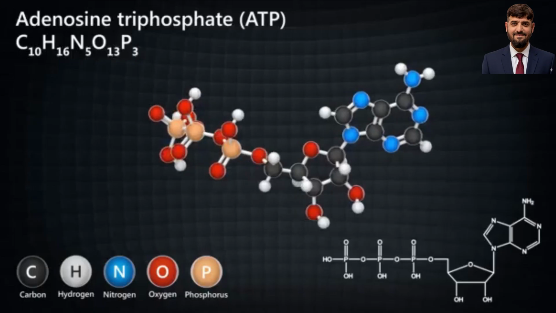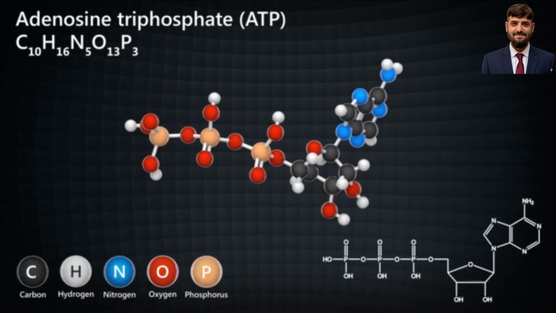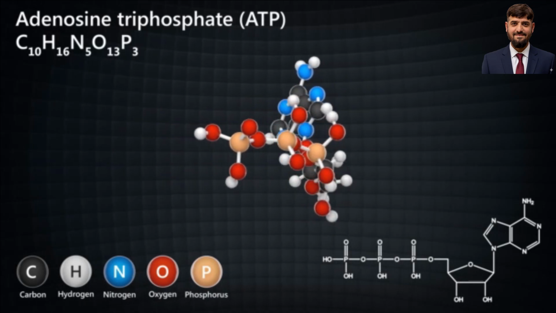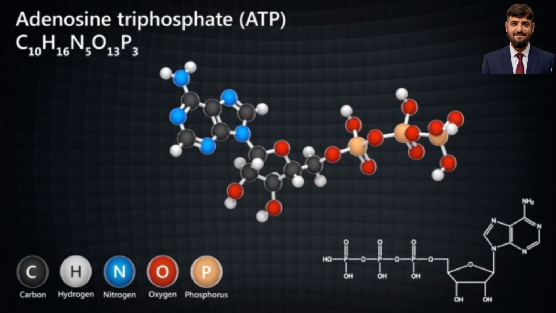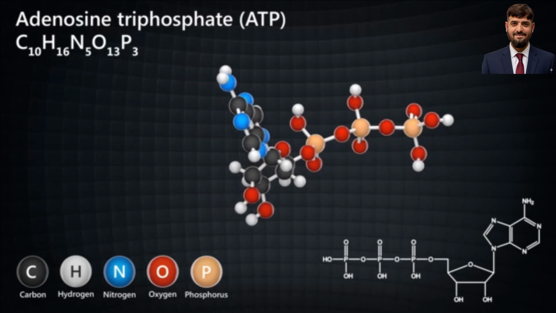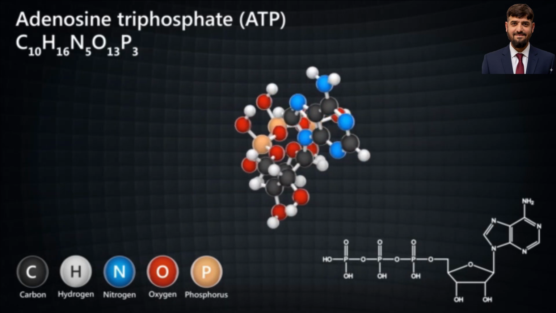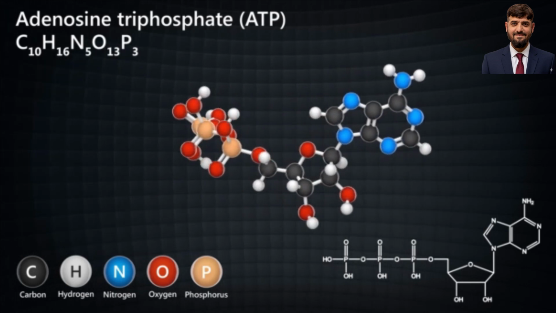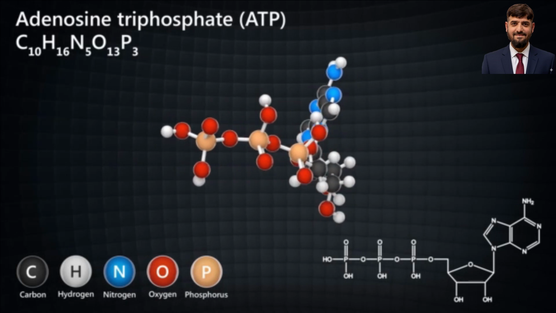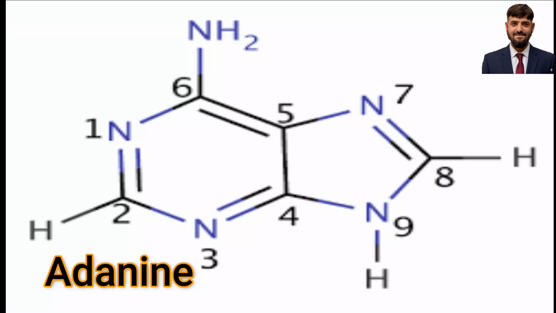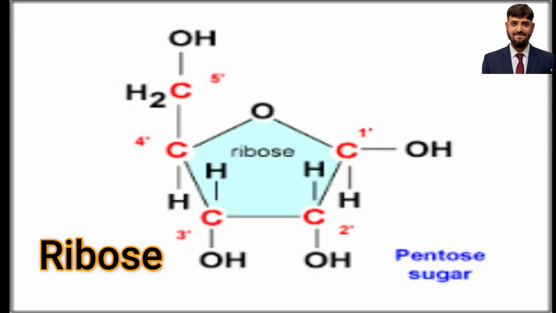What is ATP? ATP is the currency of energy in the cells. ATP stands for adenosine triphosphate. Just like money is used as a common currency in trade, ATP is commonly used as an energy source in the cells. ATP consists of three main components: adenine, ribose sugar, and three phosphate groups.